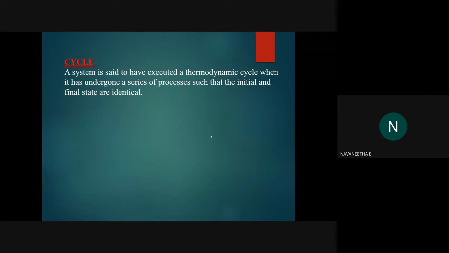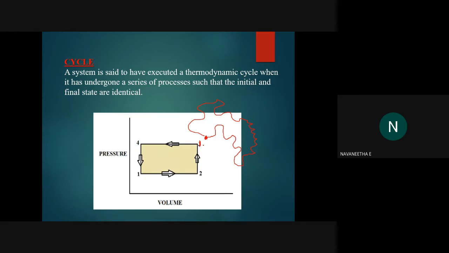If you start a process from one point, do some work, undergo some processes and reach the original position, the initial position and the final position are the same. So this is a cyclic process. We can just define that the initial and final position same is called cyclic process.